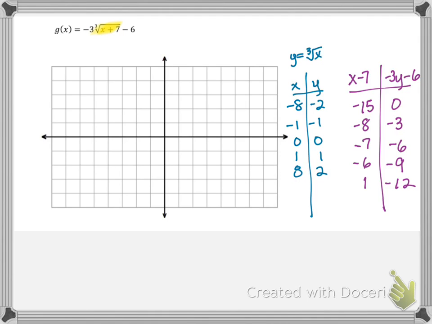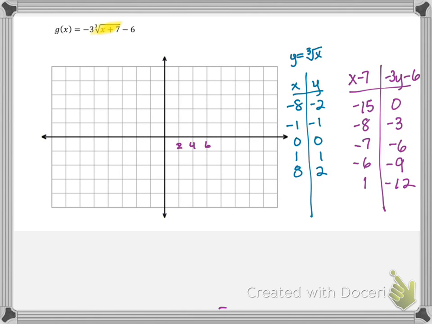And so we have a few more points in between the negative 15, 0 and the 1, negative 12 that we got in class. So negative 7, negative 6, and now because I have a few more points, maybe I could scale by 2s now. So I'm going to scale by 2, 4, 6.